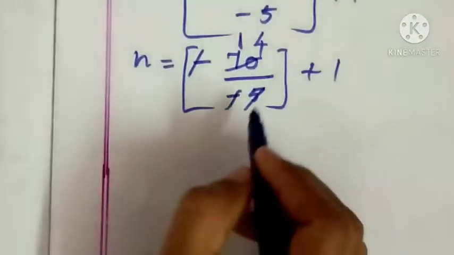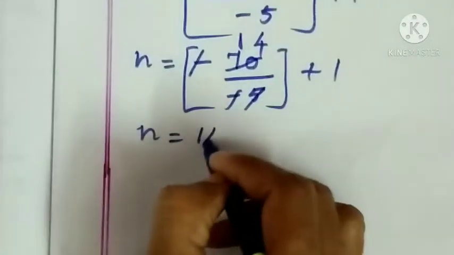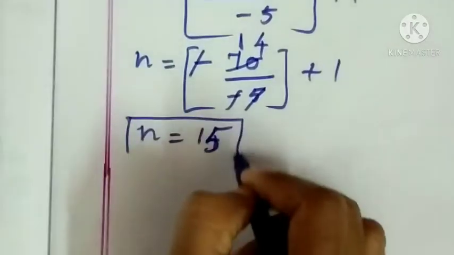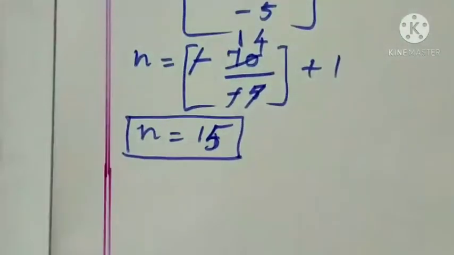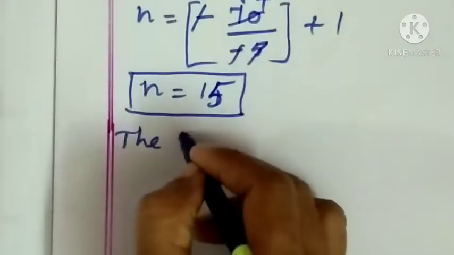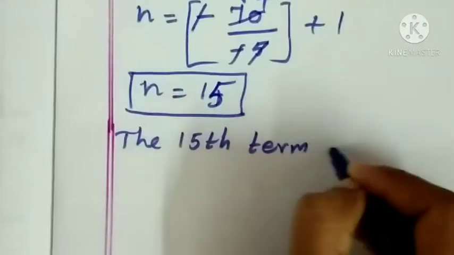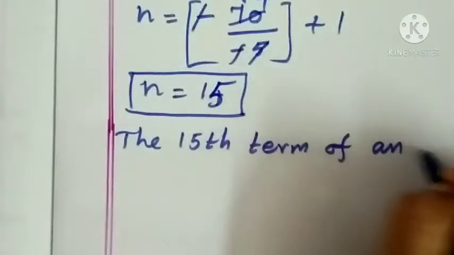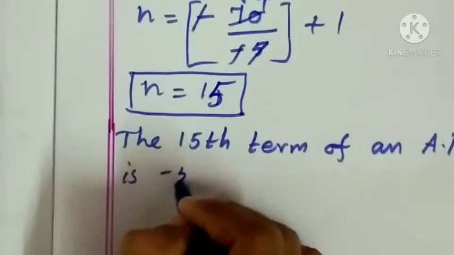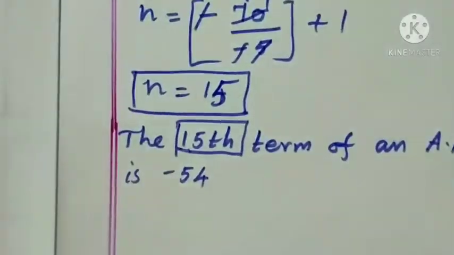There, now you have to add 1, means we get n is equal to 15. So, n is equal to 15. Now you take down and write the answer. The 15th term of an AP is minus 54. This is the answer for this question.